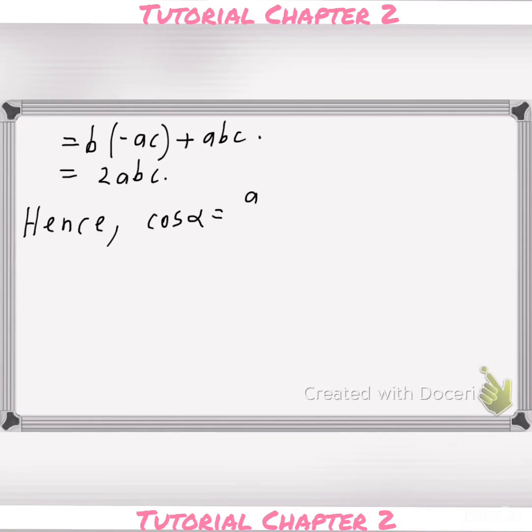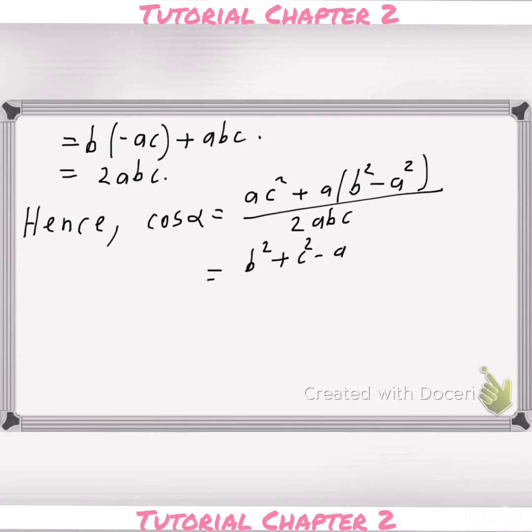It's the determinant of A2, which is AC squared plus A, B squared minus A squared, and you're going to divide it by 2ABC, and that's going to become B squared plus C squared minus A squared over 2BC. Okay, so not terribly difficult, just a straightforward application of Cramer's rule.